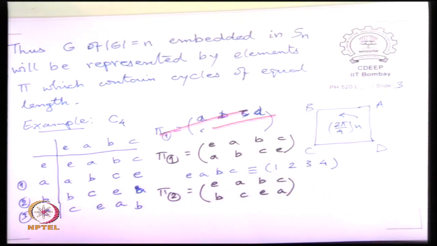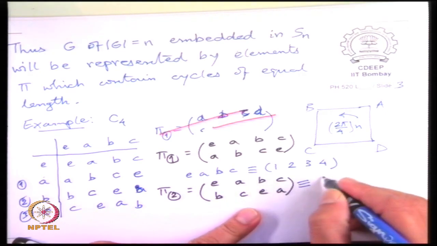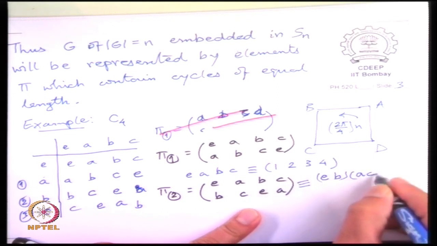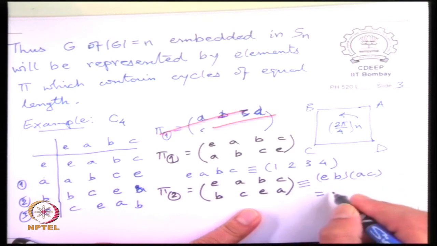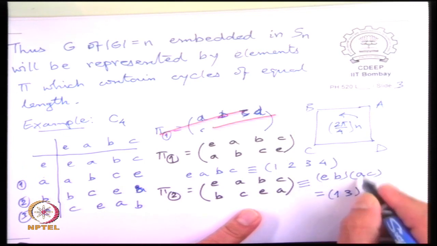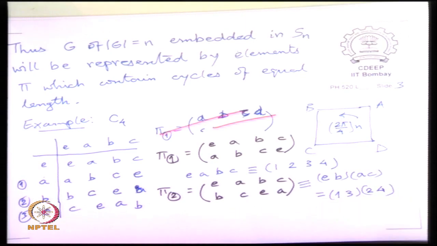So in our notation, we first write the obviously visible EB, and then write AC. But it is also equal to, in our usual notation, 1, 2. Sorry, this we would have called 3, and 2 with 4, something like this. So it is now broken up into 2 cycles, but again 2 cycles of the same size.